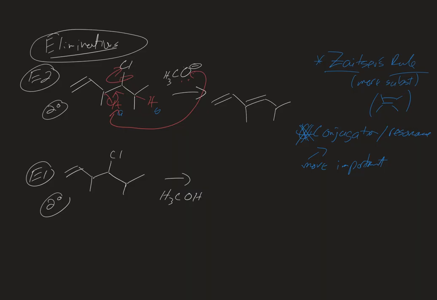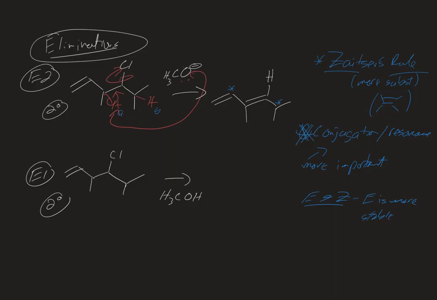The other fun thing about this, remember, we also have E and Z to worry about, where E is more stable. So here technically there's an H here. This has higher priority, and this one has higher priority. So right now it's in the E form.